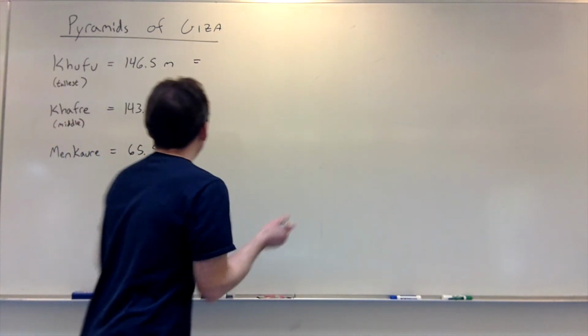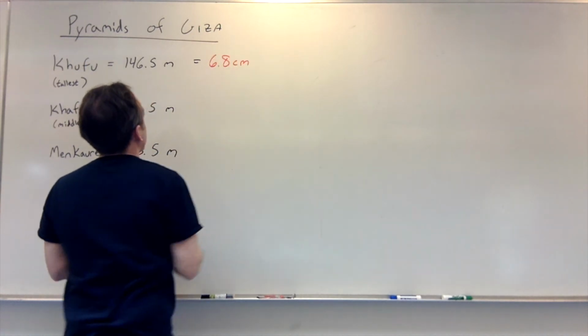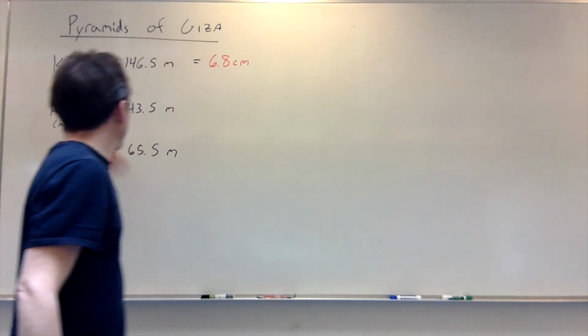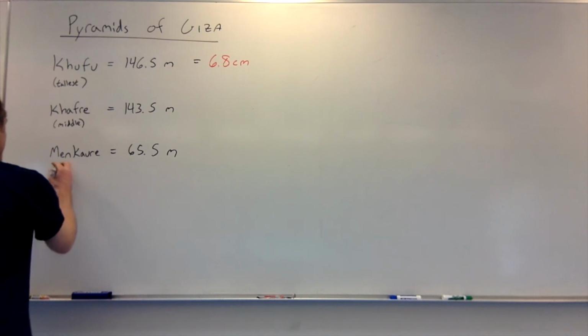So the scale, I'll put in red, was 6.8 centimeters. Now if we want to scale all the pyramids proportionally, I've written them out here. I'm not going to try to pronounce these because I'm not an Egyptologist. I just call it tallest, middle, and the smallest.